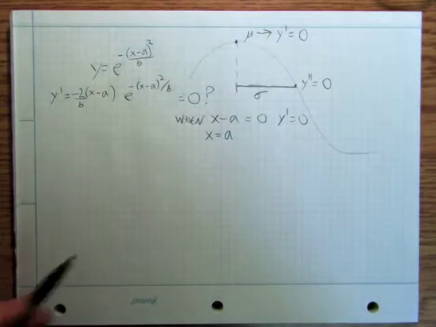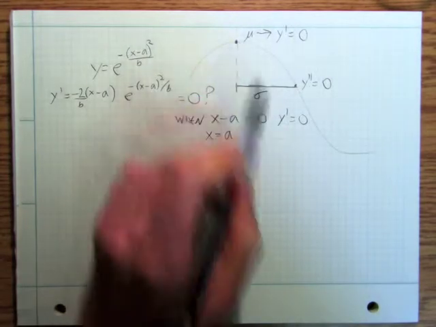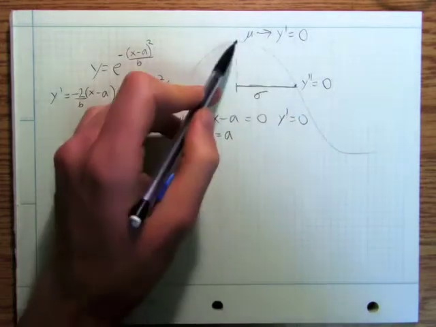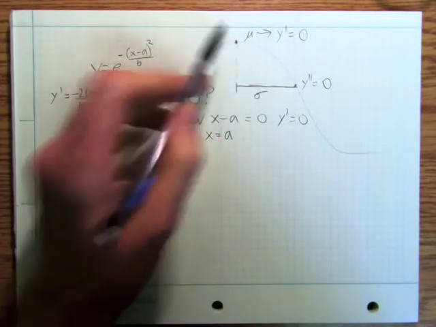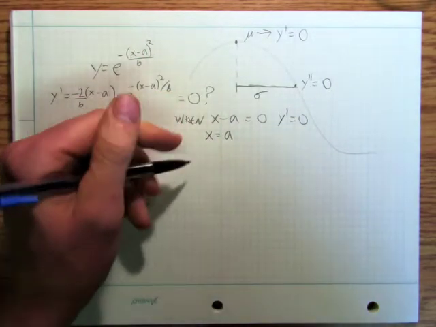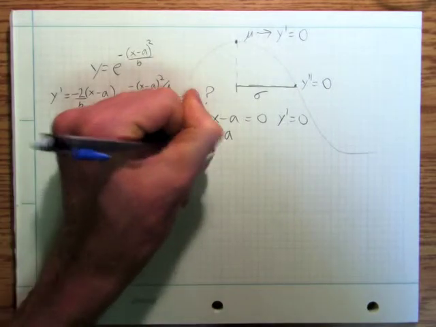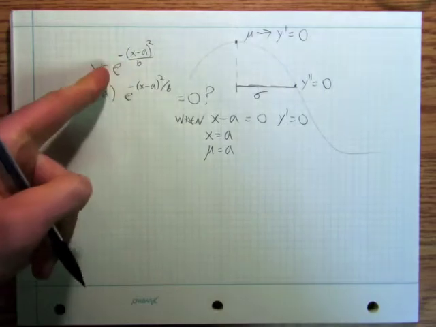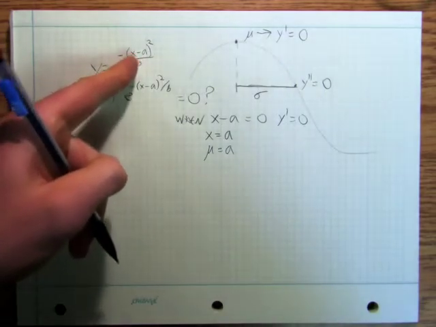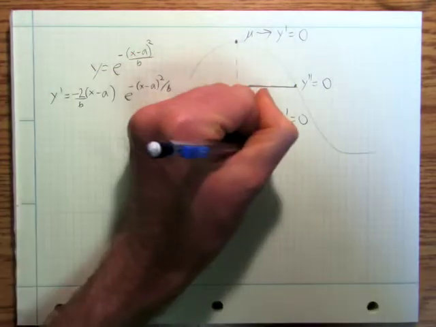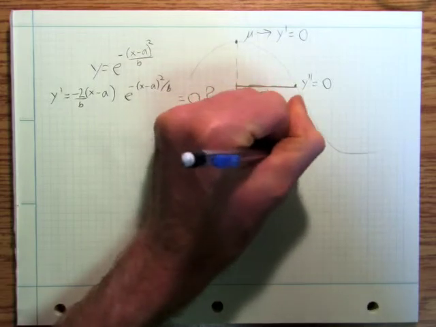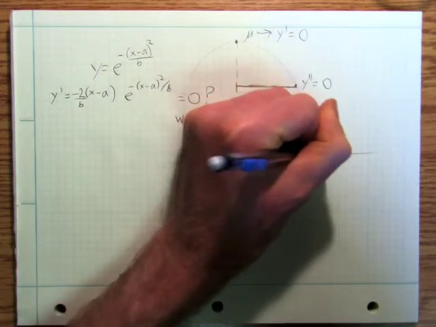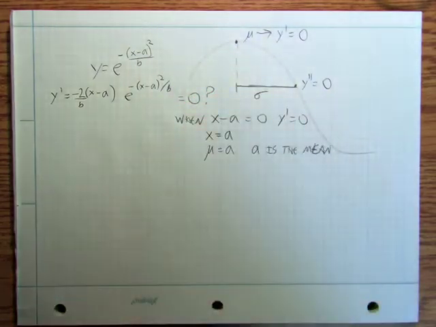What we said is that this function has a derivative of 0 at the mean. So that tells me that the mean is equal to a in this equation. So we've learned something here: a is the mean.